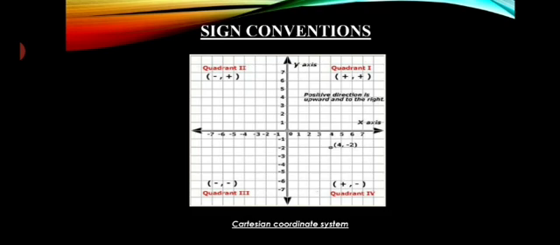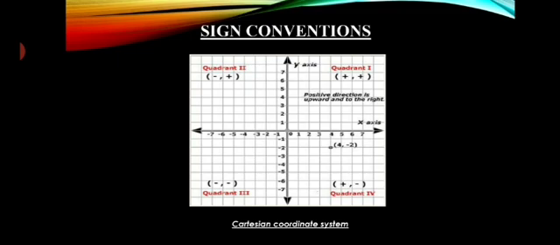As you know, there are 4 quadrants in the rectangular coordinate system, in which the first quadrant has both x and y as positive. In the second quadrant, x has a negative component and y is positive.